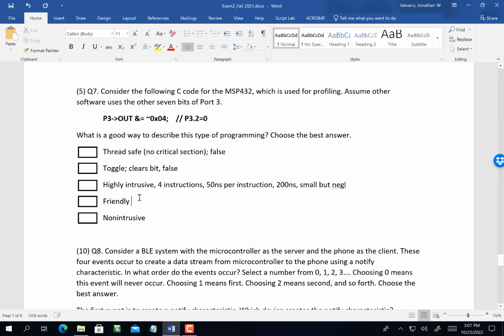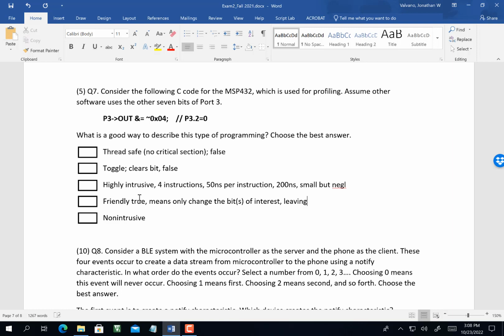This is friendly. That's the definition of friendly. This is the answer. Yes, true. Friendly means only change the bit that you're trying to. What that means is only change the bit or bits of interest, leaving the others alone.